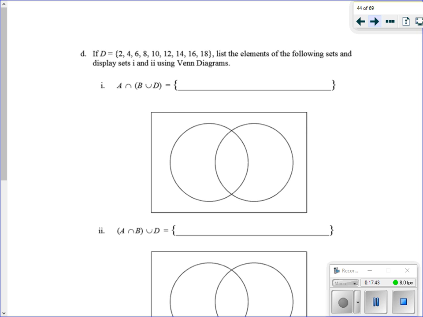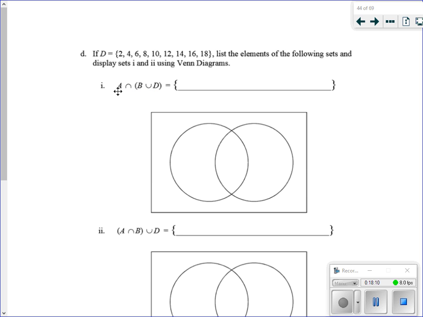This is example D. Okay, and this is where, like I said, it really is helpful if you can write out the sets that you're talking about, because once we start getting into more complicated expressions like where A intersects the union of B and D, we're going to need to know exactly what sets we're talking about.